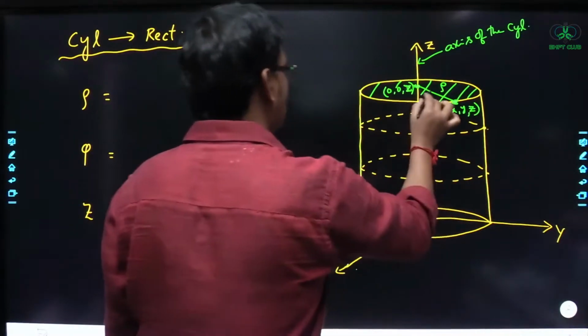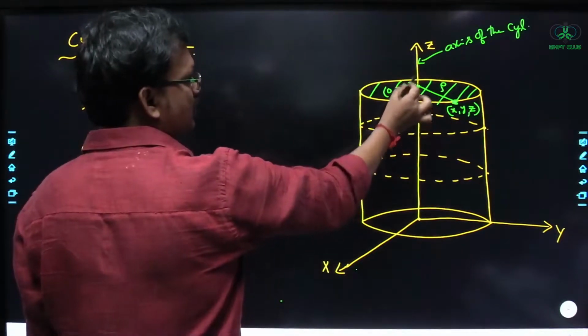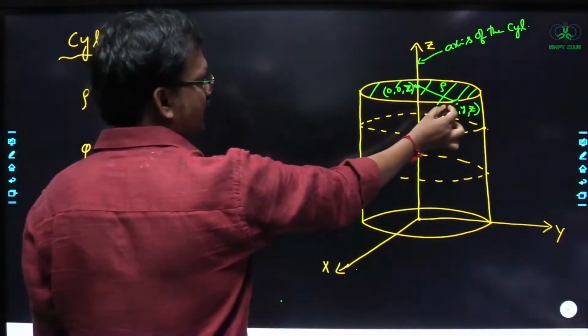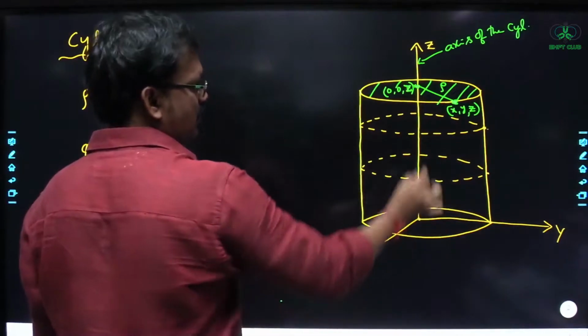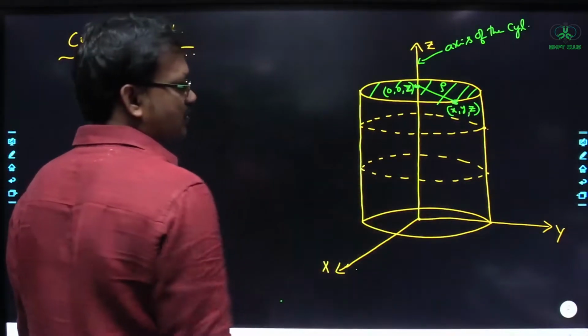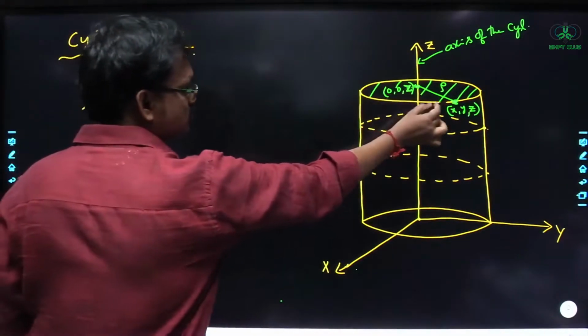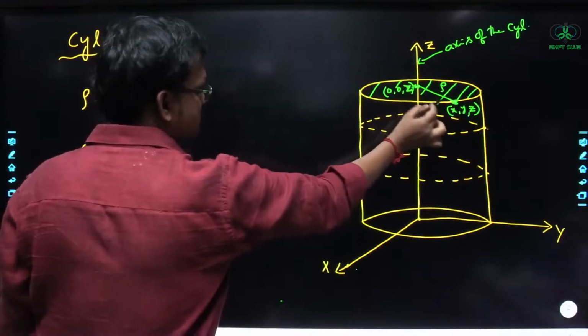Now rho is the normal distance from the axis of the cylinder to any point on the surface of the cylinder, which means the distance from 0, 0, z to x, y, z is nothing but rho.